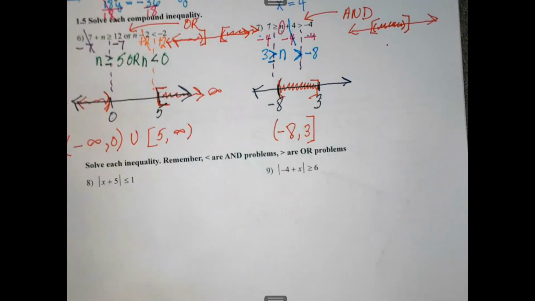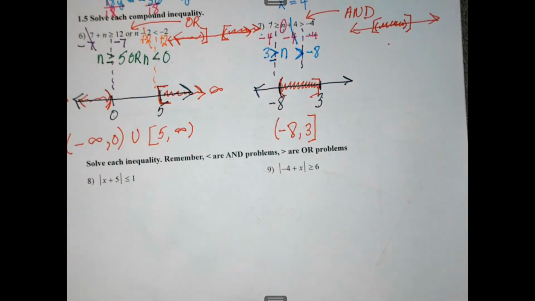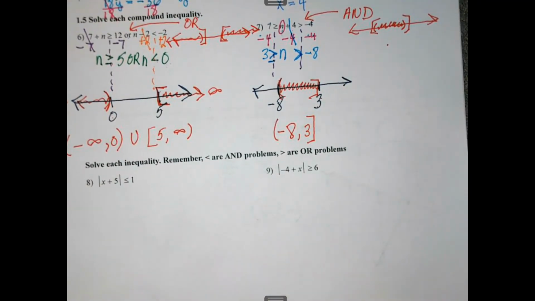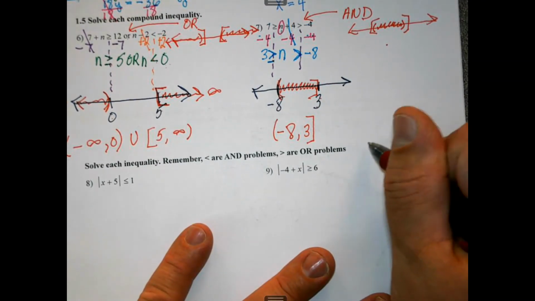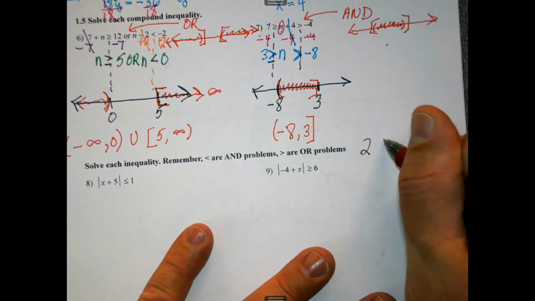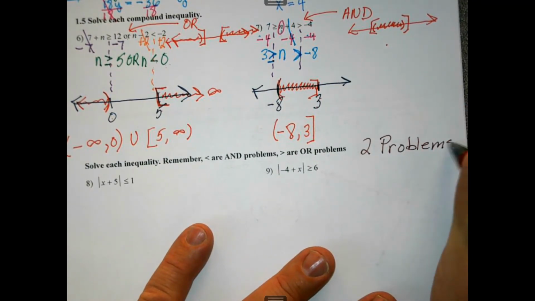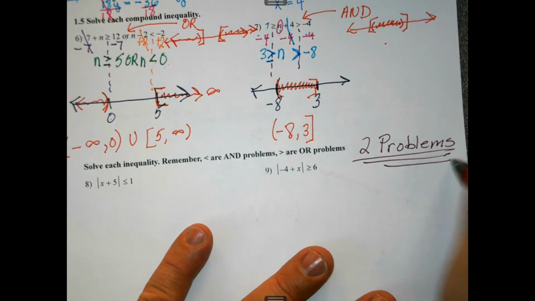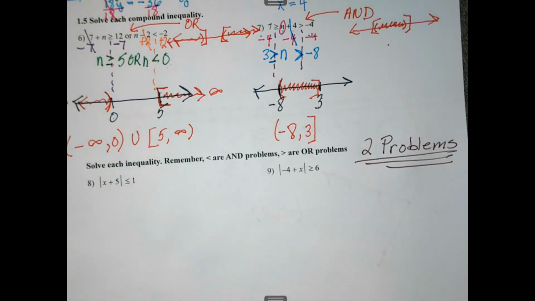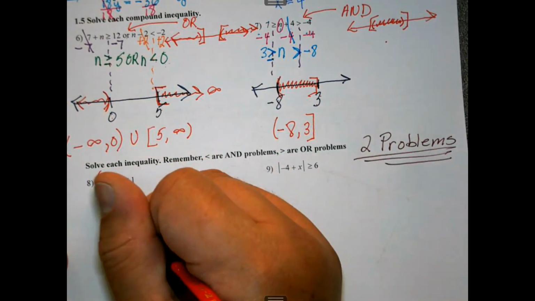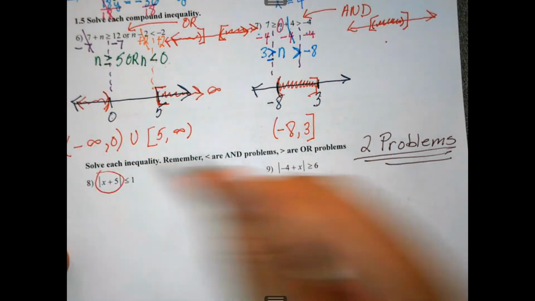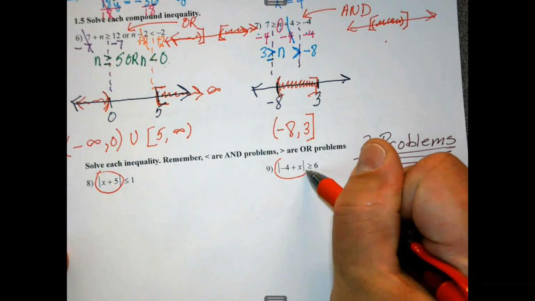All right, absolute value inequalities. The biggest issue here, I think, even in the directions last time, we even put on there make 2 problems. Okay? Absolute values always have 2 problems. So you're going to have to split them up. But make sure that the absolute values are isolated first. Okay?